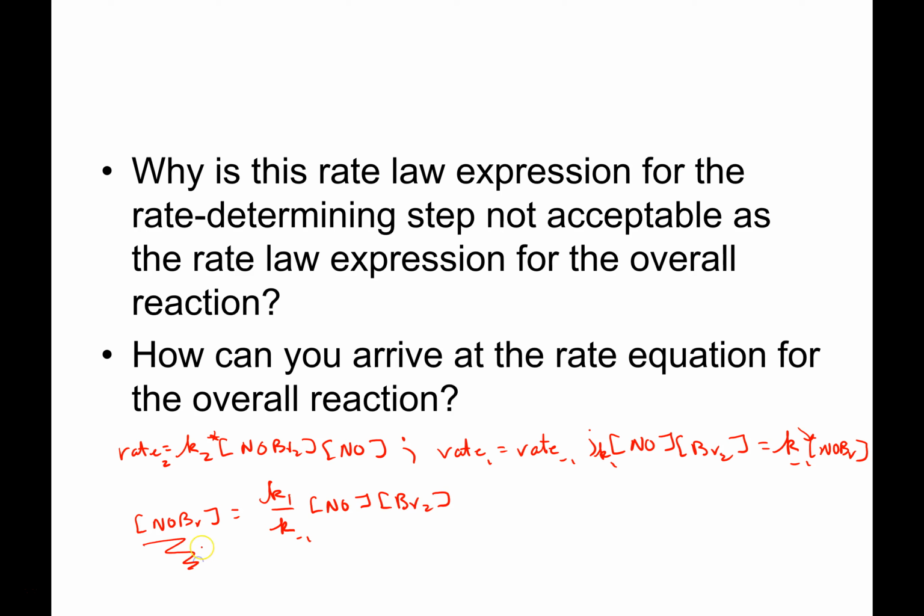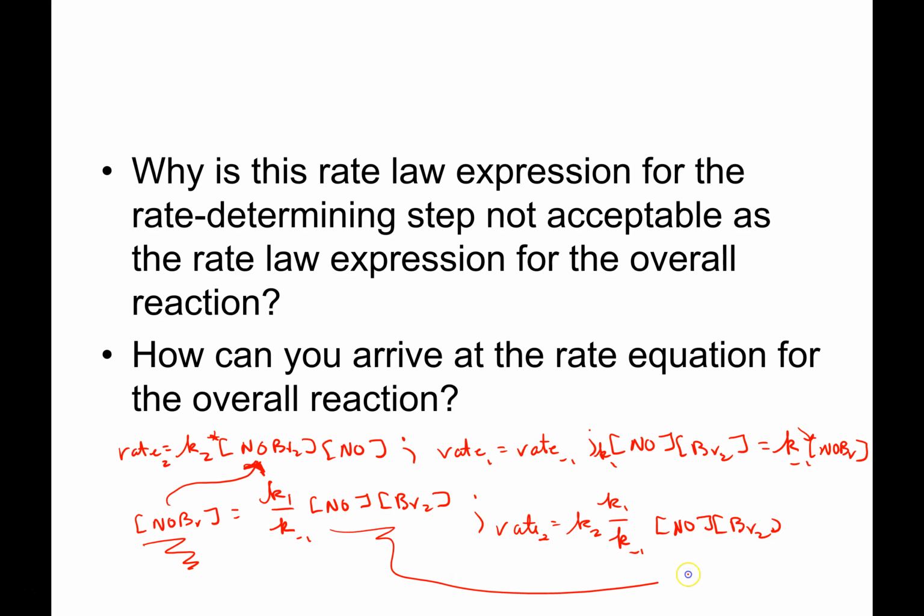Now I have my intermediate, and I substitute it into rate 2, my rate determining elementary step. Rate 2 is equal to K2 times K1 over K minus 1, times NO times BR2, and then don't forget to bring down my NO, which I had originally.